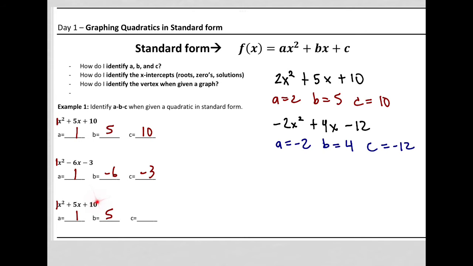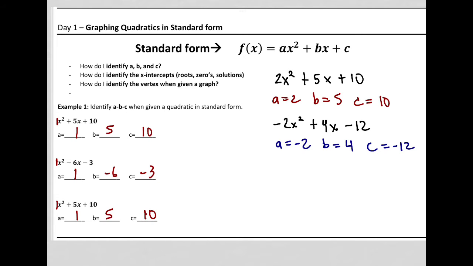And then obviously we have a 10 there, positive 10, so 10 there. And that's how we identify our A, B, and C. This is something that you should have done first semester, so this could have been maybe a review for you. But if you didn't know what you were doing, hopefully this helped.